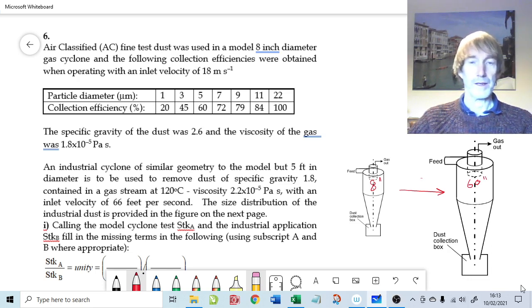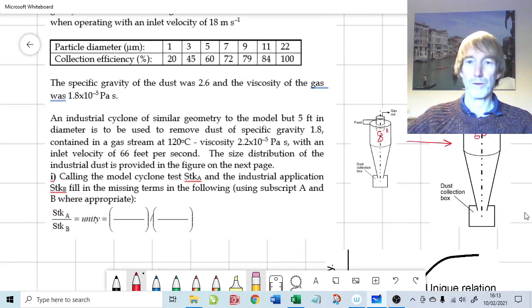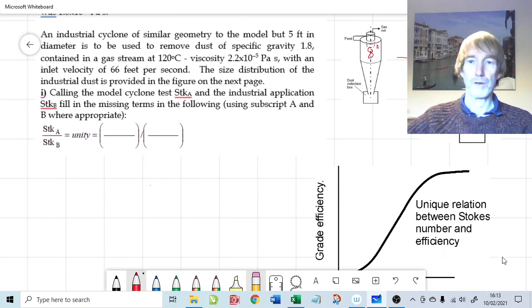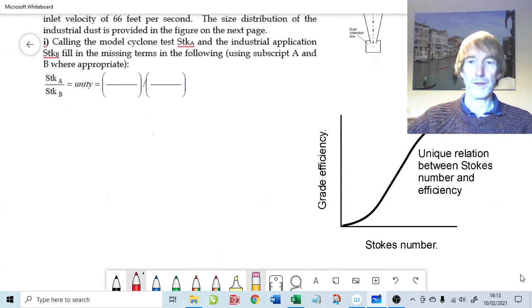And the basis of our ability to predict the performance of the larger cyclone is this concept of the grade efficiency being a unique value of the Stokes number. The collection efficiency at a particular Stokes number will be the same in both of these cyclones.